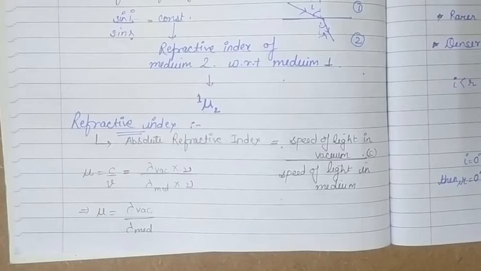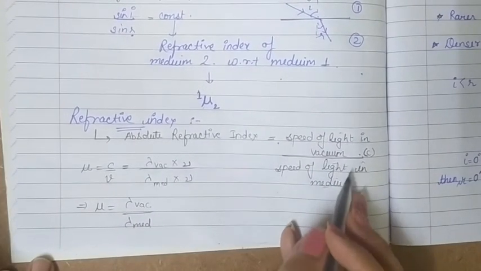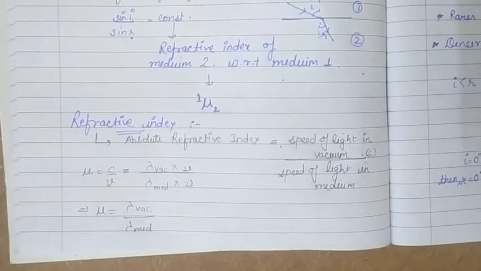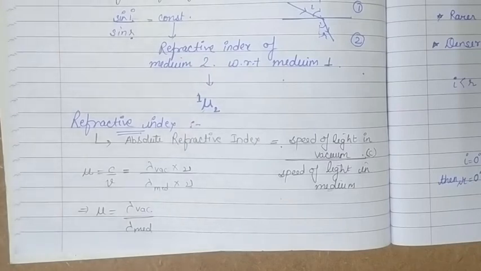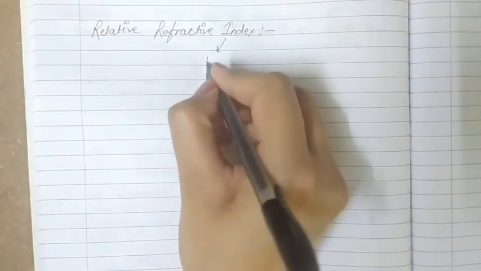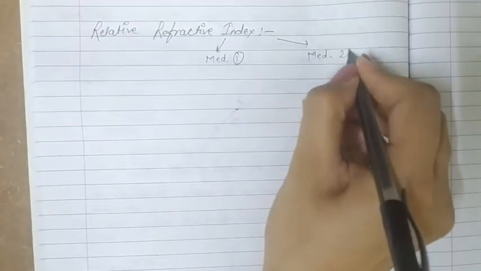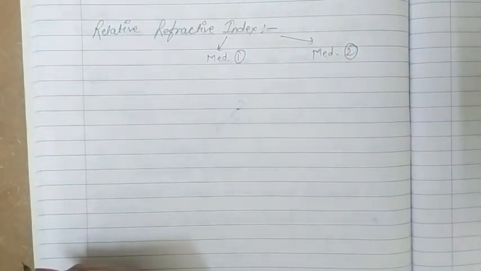Now we'll talk about relative refractive index. In case of relative refractive index, there will not be vacuum. There are two media, right? Two media, and we will try to find the relative refractive index of one medium with respect to the other medium. So to define relative refractive index, there must be two media, let it be medium 1 and medium 2. Now the ray is traveling from 1 to 2.